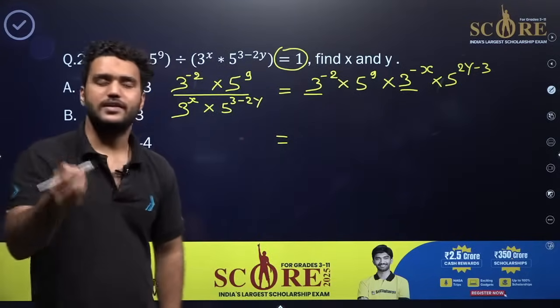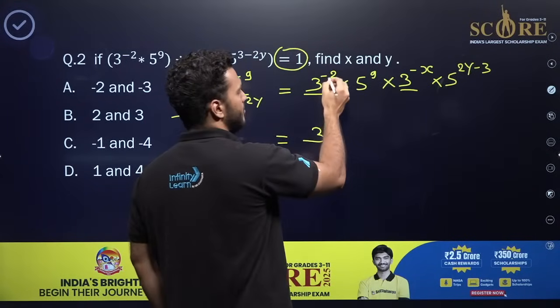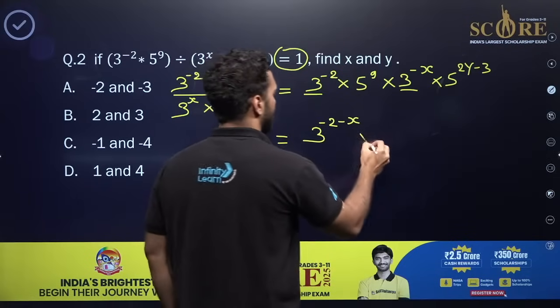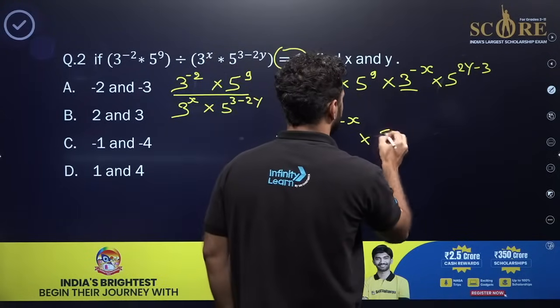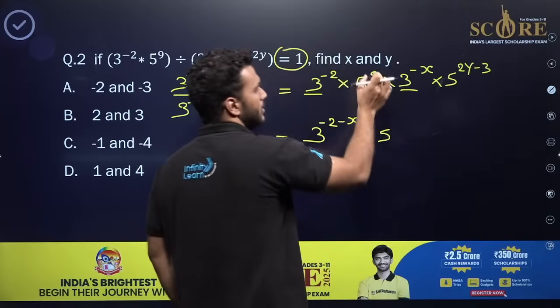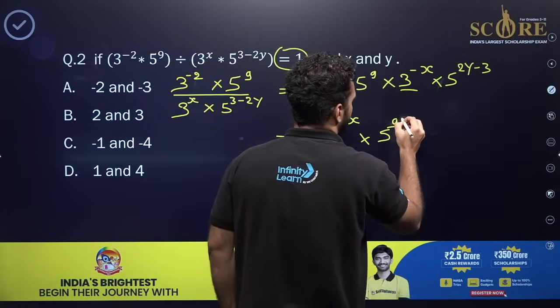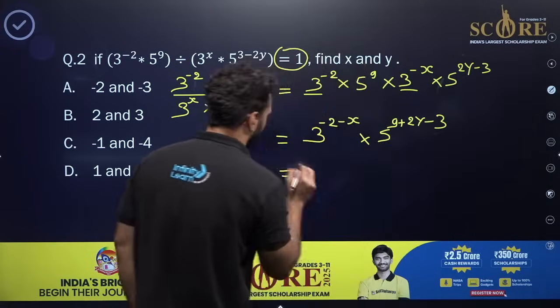Same base, powers get added. So we have base 3, then what do we have in powers? Sir, minus 2 and minus x. What is the total power for base 5? They are in multiplication. Yes sir, we can write it in a single power like 9 plus 2y minus 3. What will I get?